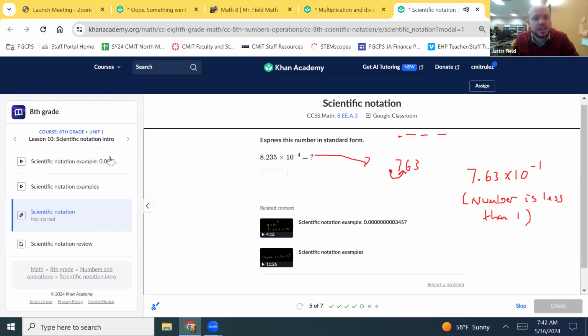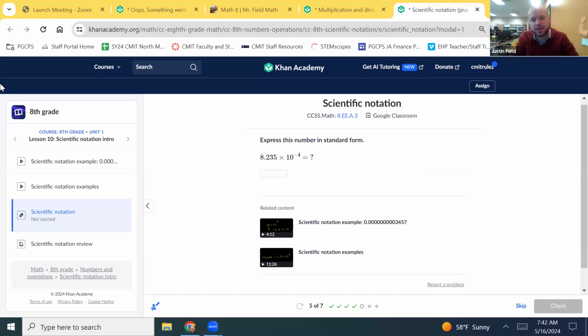Here's another one that's less than 1, and I know because it has a negative exponent. So in that case, 2, 3, 5, and it's times 10 to the negative 4. So if I want to put this in standard form, I don't want to go this way because that would make a number bigger than 1. I want to go to the left.